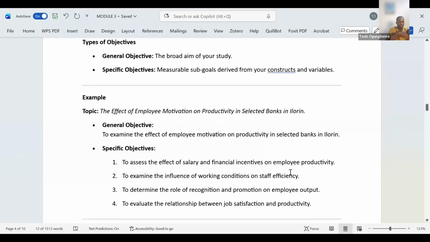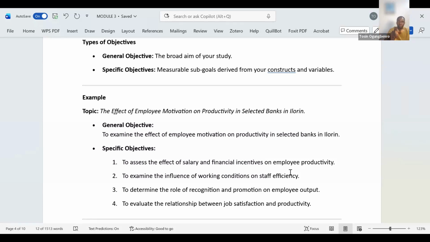You cannot just say your objective like that. It has to be framed in a logical, acceptable manner. So there are phrases you use to start your objective, something like to assess, to examine, to determine, to evaluate, to measure, to explore.